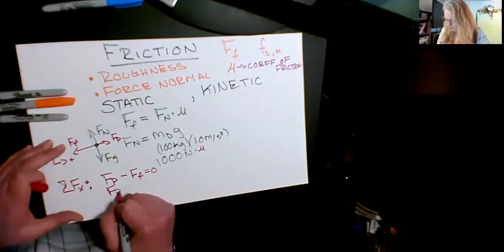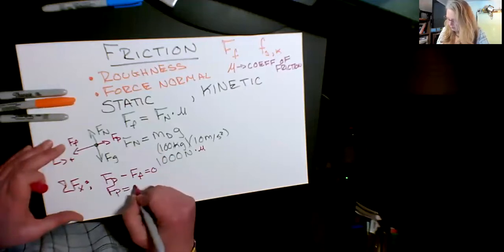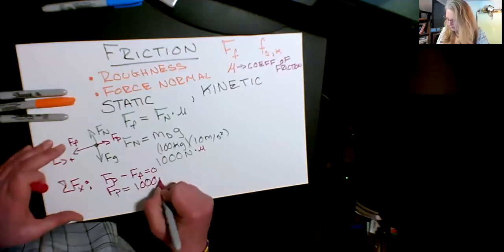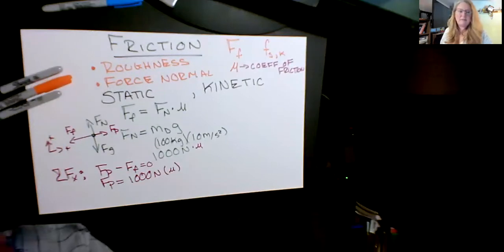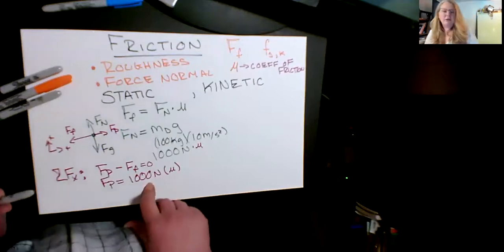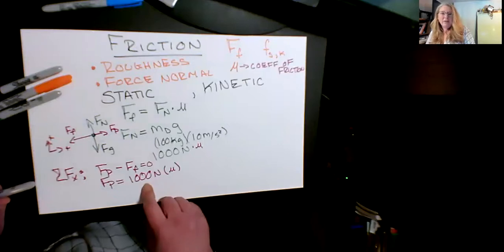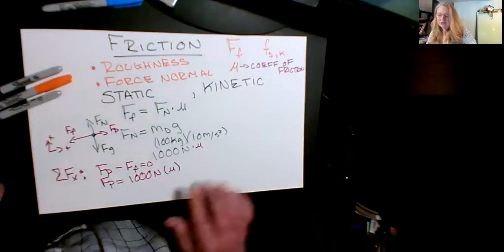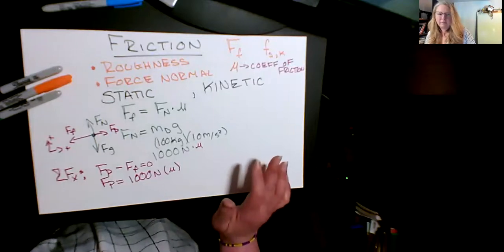So my force push, if I use this definition of the normal times mu, would be 1,000 newtons times however sticky this thing is. That's a pretty substantial chunk of force right there, even though it's multiplied by the coefficient of friction. I'm not even really trying, I'm just pushing.